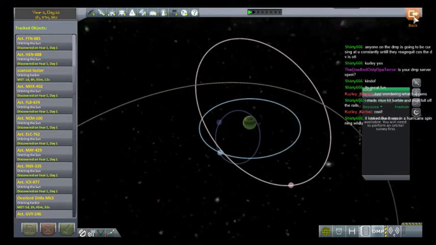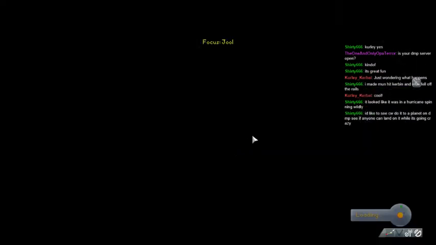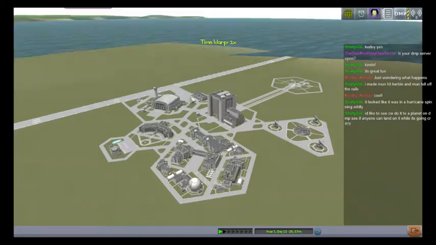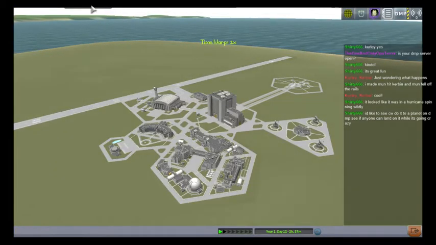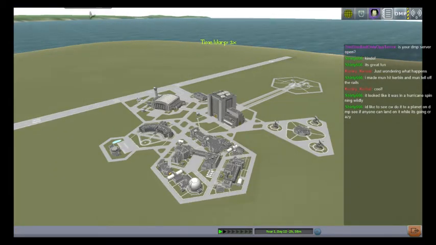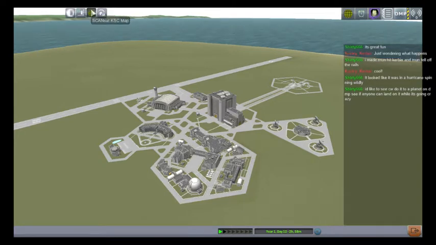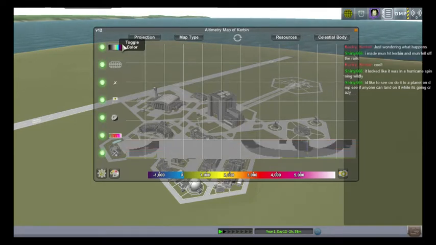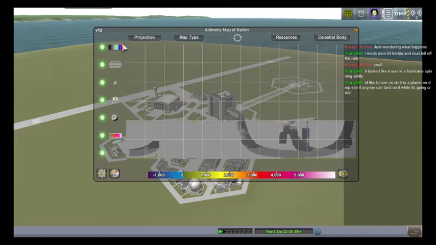But anyway, let's take a look at ScanSat. Come on, Buzzy. Come here. Obviously, ScanSat takes a little bit longer to load.